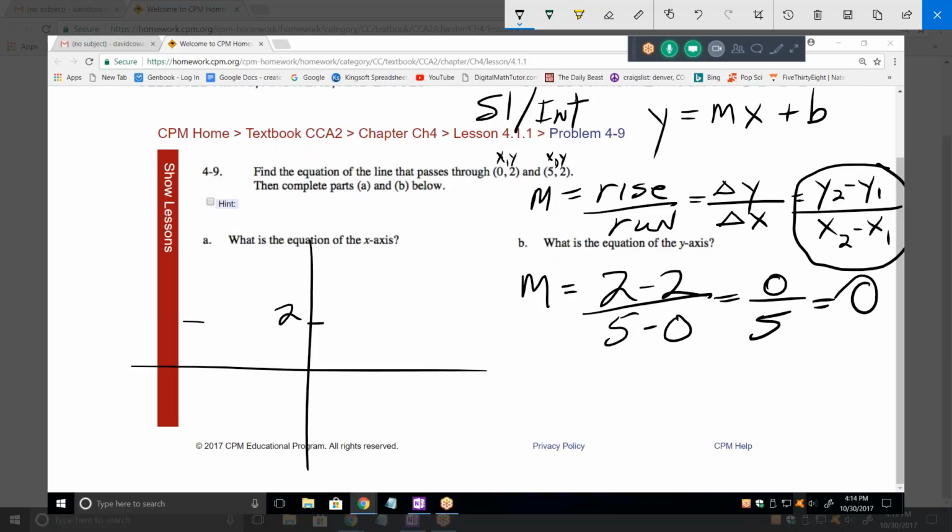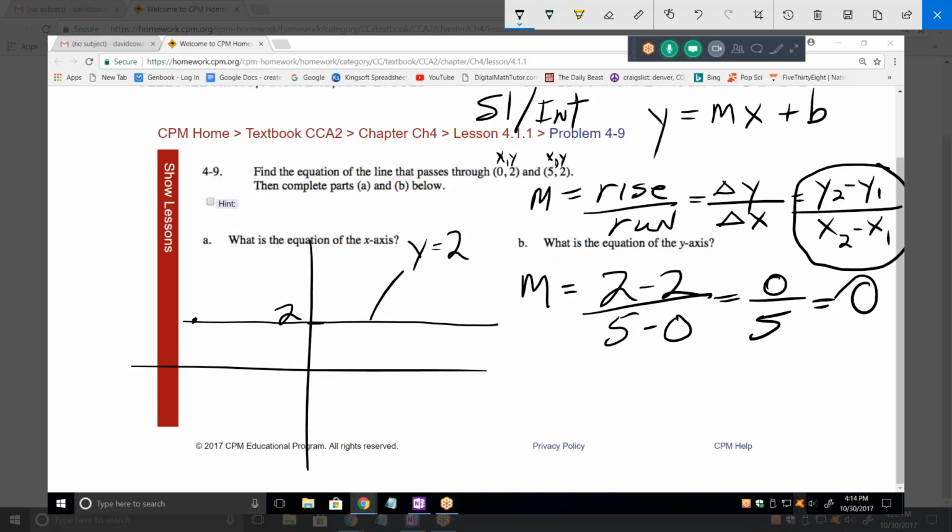In other words, there's my horizontal line. And that is defined as y equals 2. Again, notice that no matter what x is, y is equal to 2.